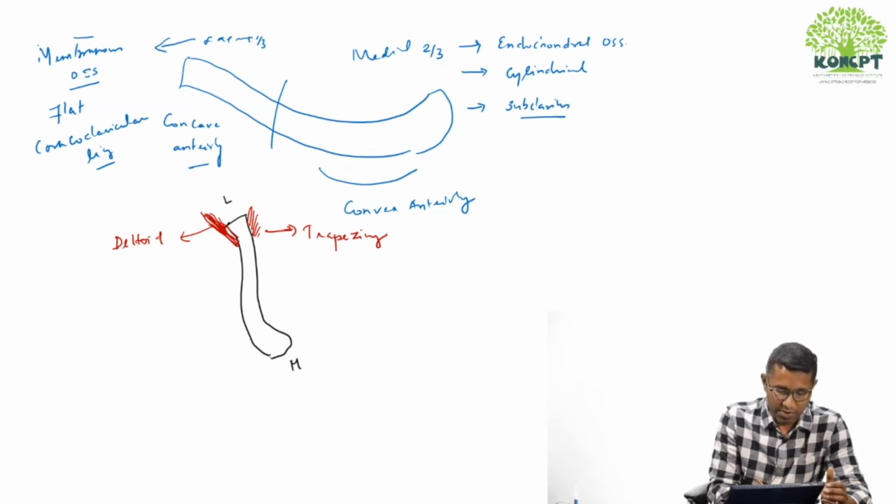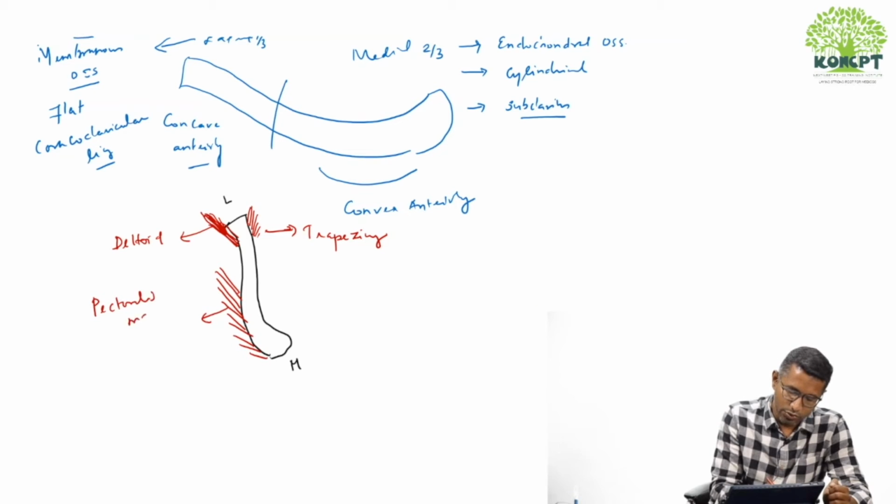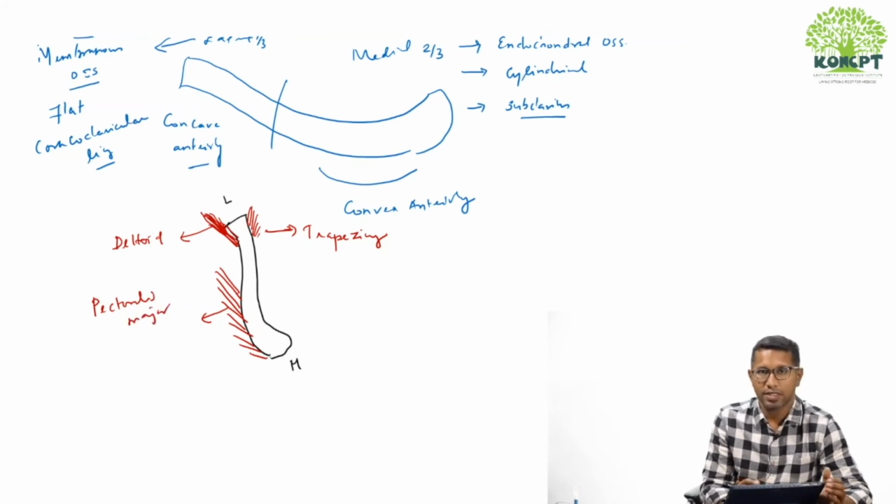The medial 2/3 on the anterior side gives origin for the pectoralis major muscle. Guys, you all know the pectoralis major muscle has two heads: one is the sternocostal head and another one is the clavicular head.